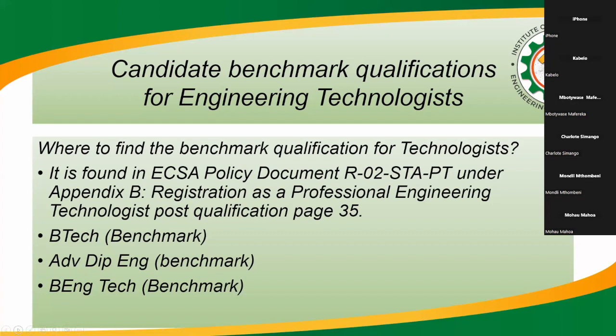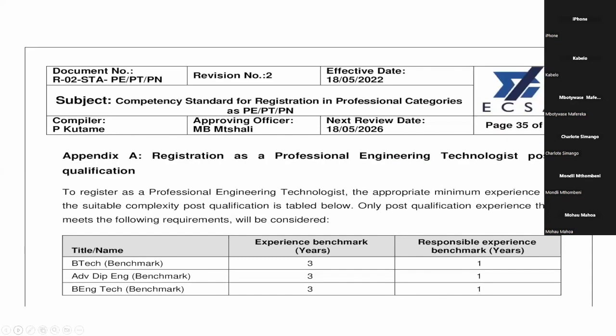It's only 3 that are applicable. If you look on the next slide that is coming up, you will see there are the 3. So you got your BTech, your advanced diploma engineering, and your BEng Tech. These are the only 3 that you can register as a candidate technologist.